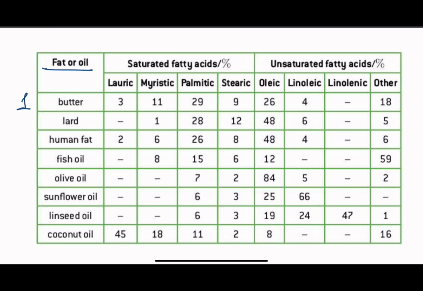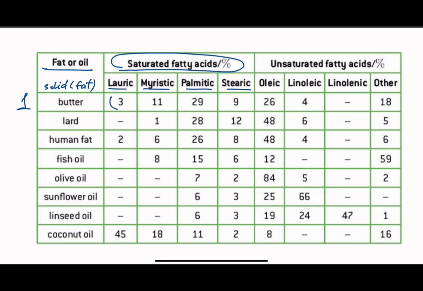So I've got the butter, right? We know that the butter is solid, meaning that it is a fat, right? Fat. And as you see, for the saturated fatty acid percentage in here, I've got lauric, myristic, palmitic, stearic. I got different kinds of fatty acids in there.